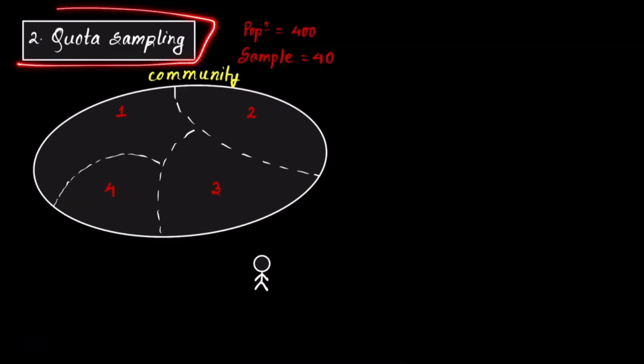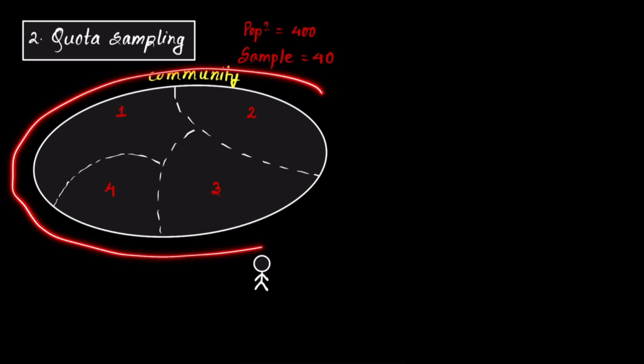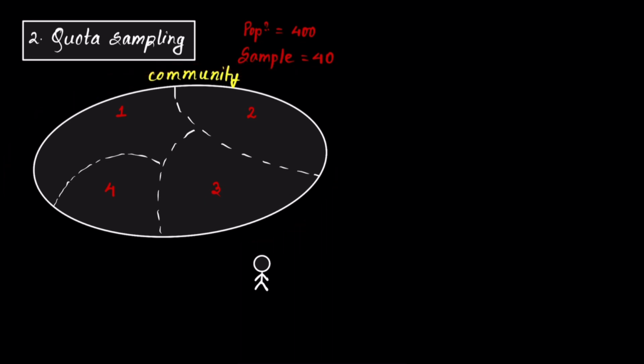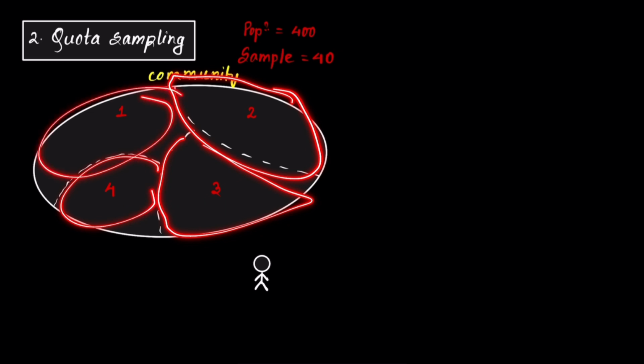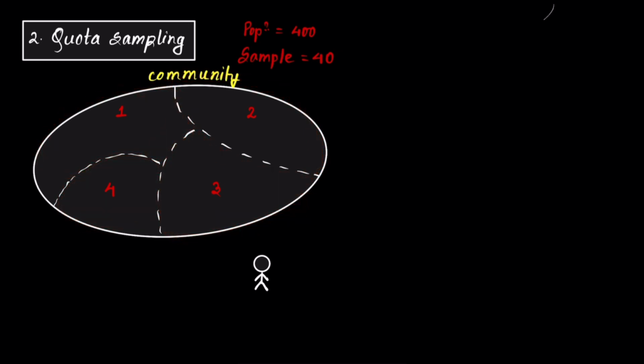In case of quota sampling, instead of simply reaching out to individuals, first the whole population or community is divided into smaller subgroups. And we call these subgroups strata. Once more: first you have your population.